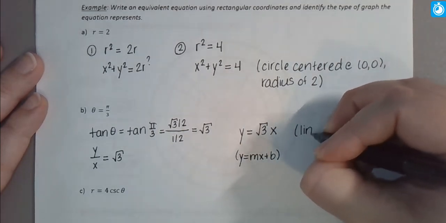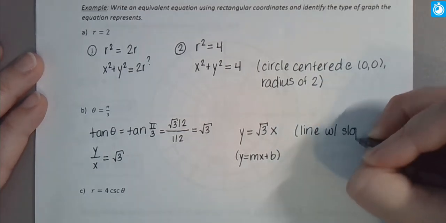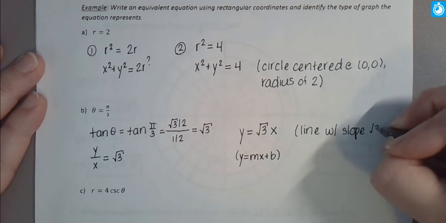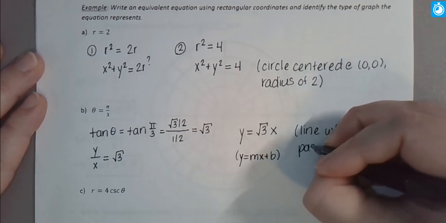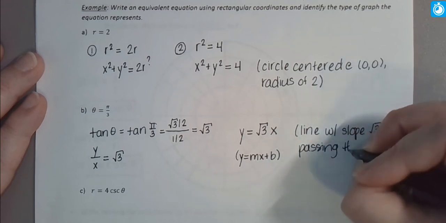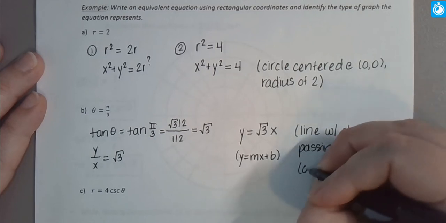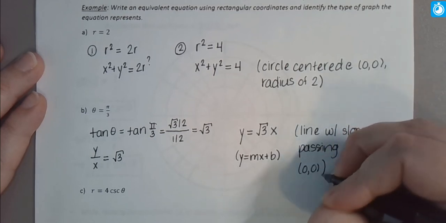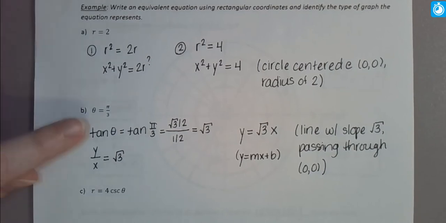So this would be a line with a slope of the square root of 3, whatever that happens to be, that passes through the origin. So passing through 0, 0. If we were to graph, that's going to be what we get.